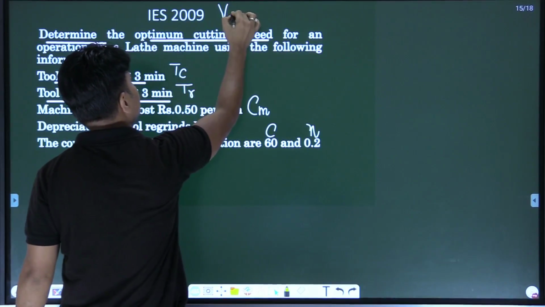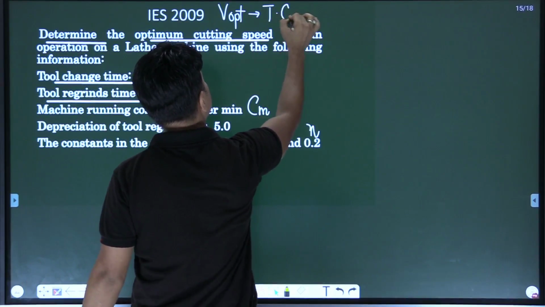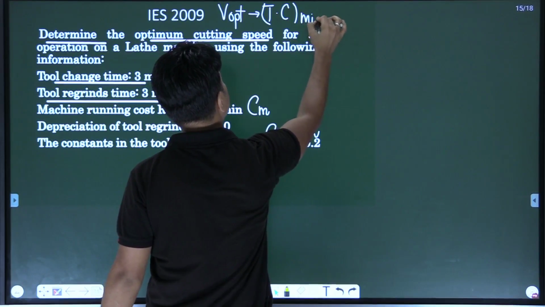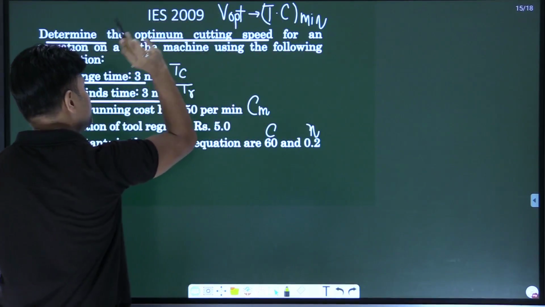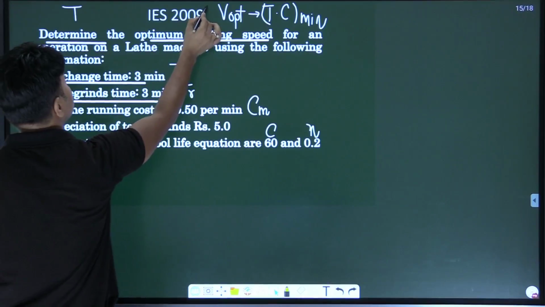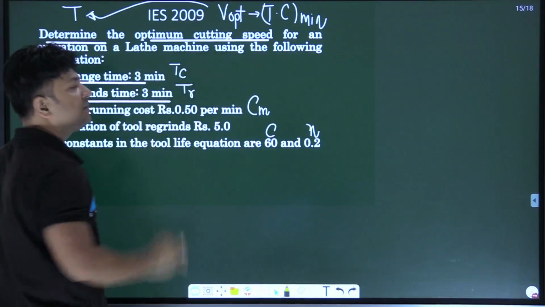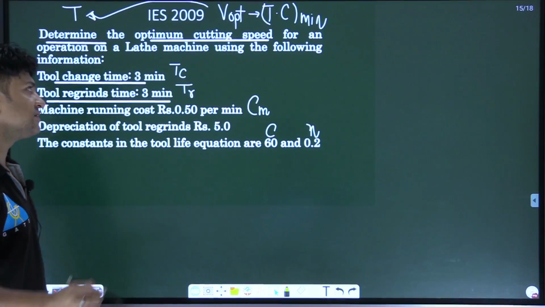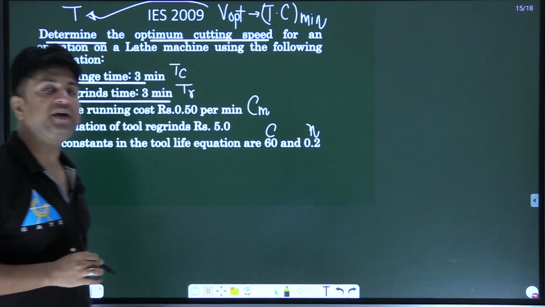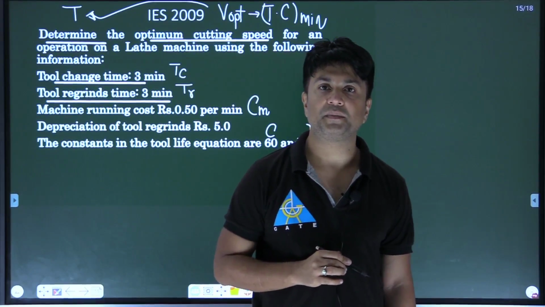Optimum cutting speed is that velocity where the total cost is minimum. Now, what you do? You just find out the tool life which is related to V optimum. Then we can find that velocity at which the total cost is minimum.